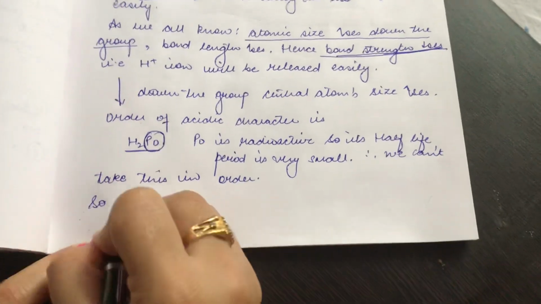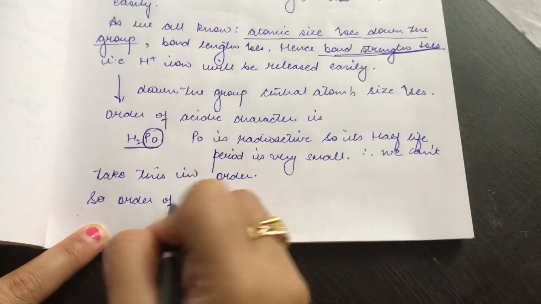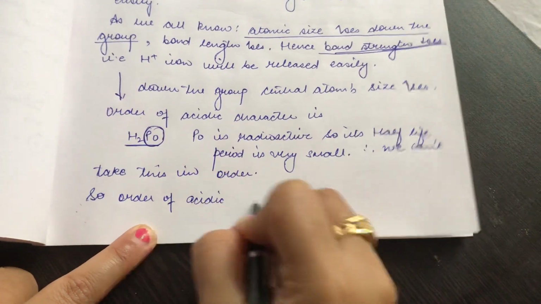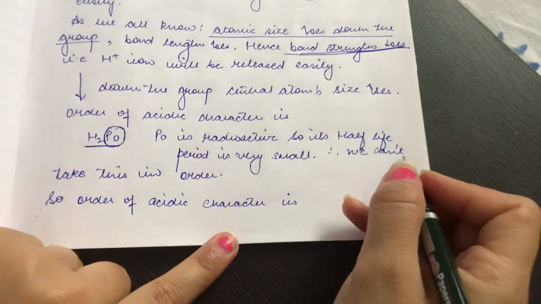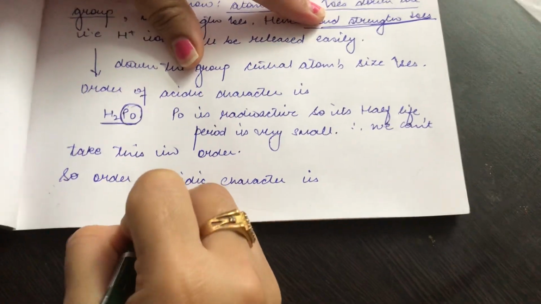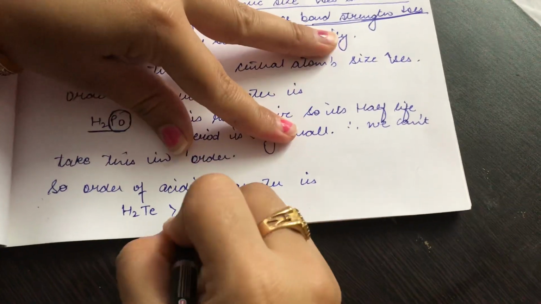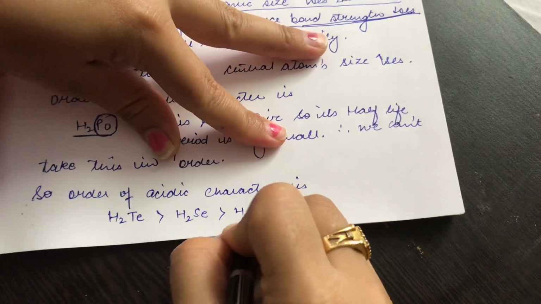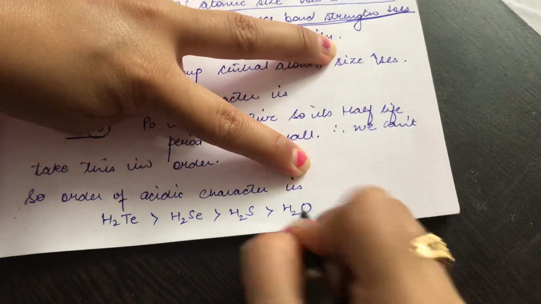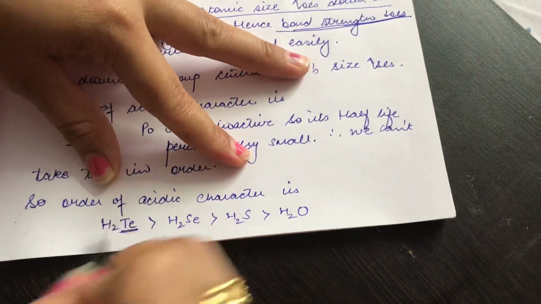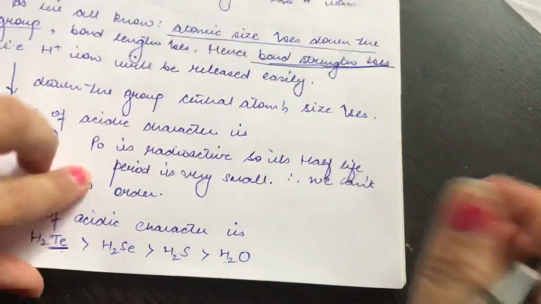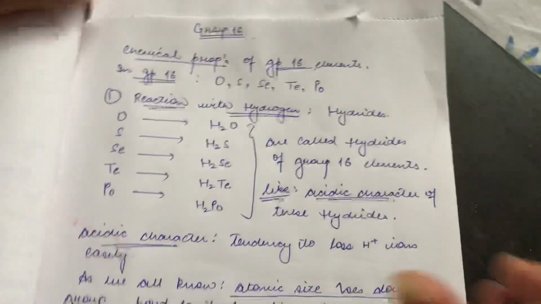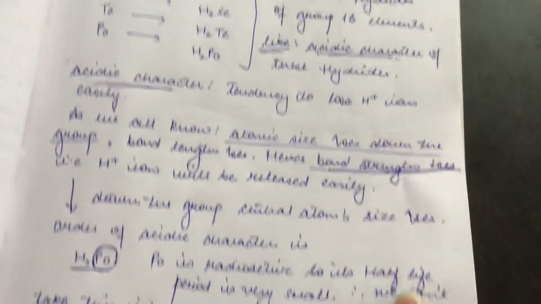So, the order of acidic character is H2Te, H2Se, H2S and H2O, because the size of tellurium is higher than all the others. Clear? This is the one chemical property, that is, reaction with hydrogen.